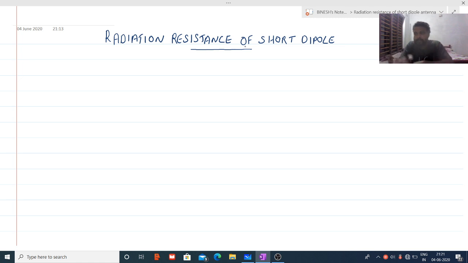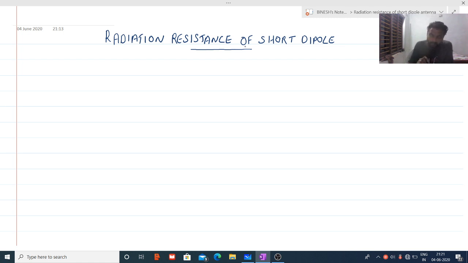Power is always denoted by W in case of an antenna. So how much power is being given to the input of the antenna, and how much power the antenna radiates into free space, that indicates the radiation resistance. So by calculating the radiation resistance, we can find out how much power is being radiated from the antenna.